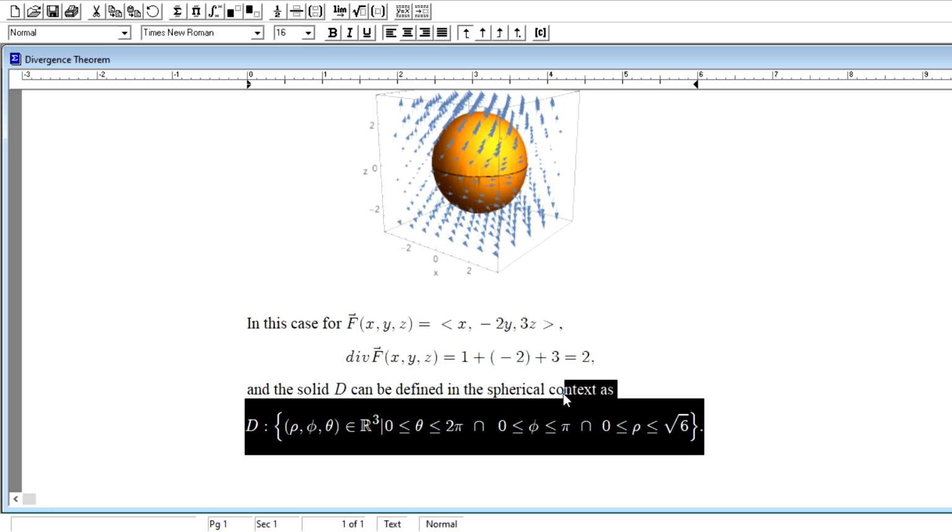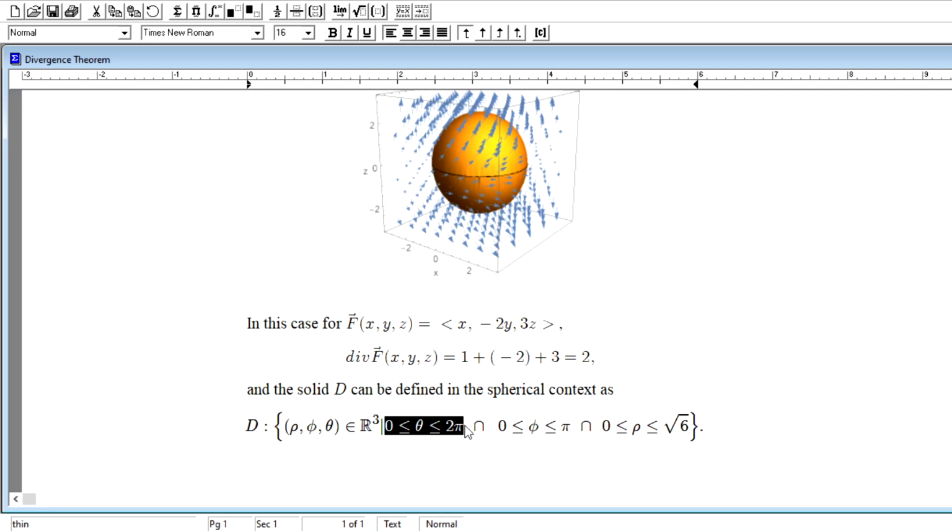We get boundaries on the parameters of this sphere that are between constant bounds. Theta is between the bounds from 0 to 2 pi. Notice the sphere forms angle measurements with the positive x-axis that go all the way around, starting at 0 all the way around to 2 pi for one complete revolution around the equator of this sphere.